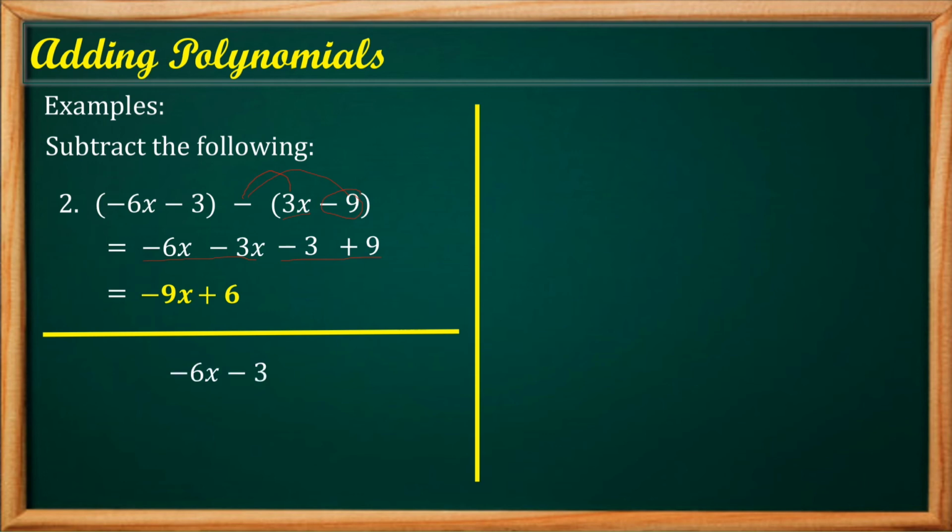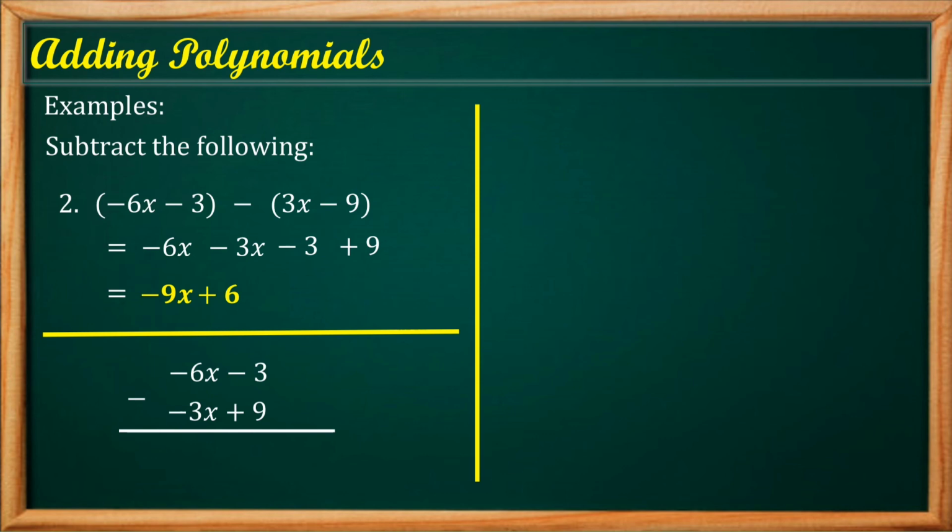Okay, example, the first given, the minuend, then subtract, which is our subtrahend, 3x minus 9. Okay, then after we will subtract, change the sign of the subtrahend. Now the subtrahend, from negative 9 it becomes positive 9, and from positive 3x it becomes negative 3x.